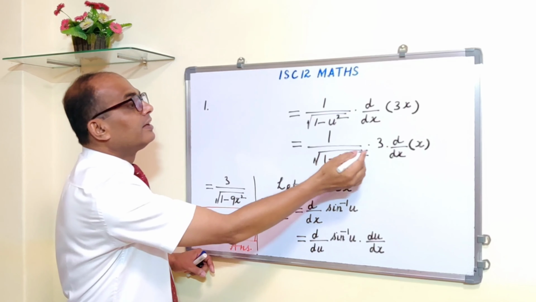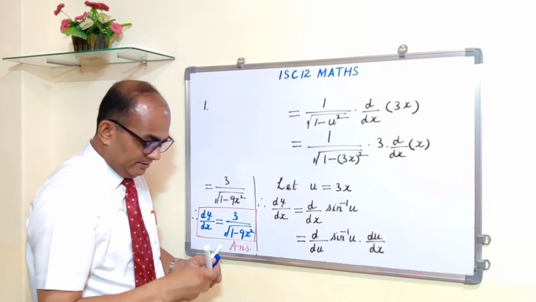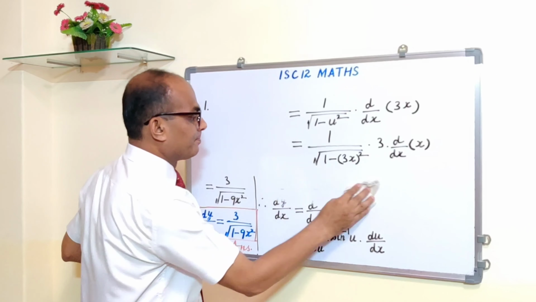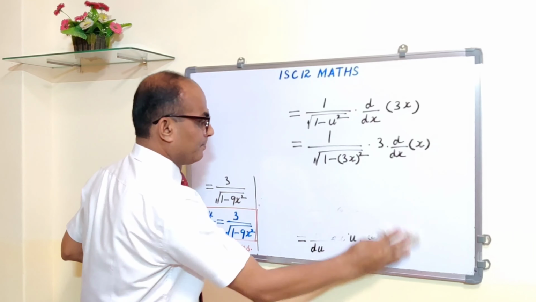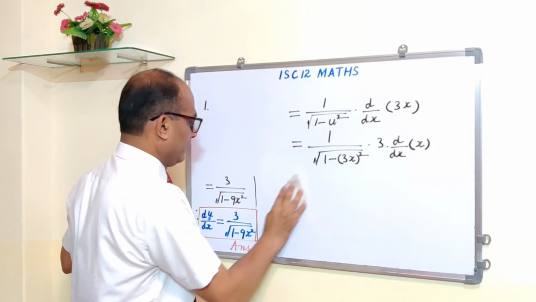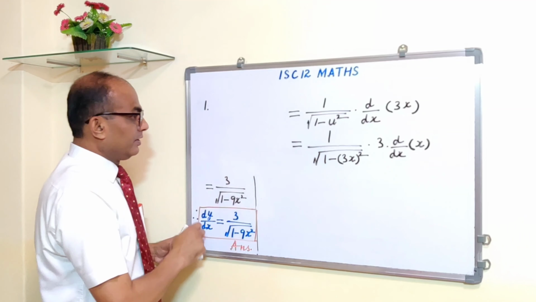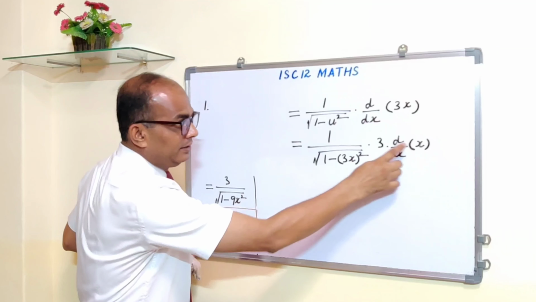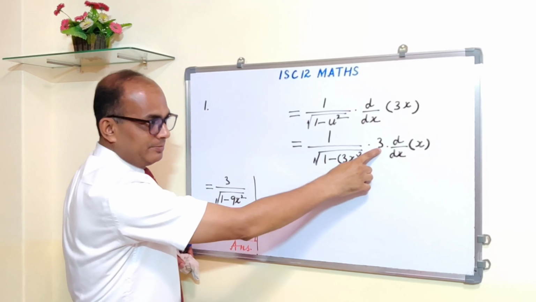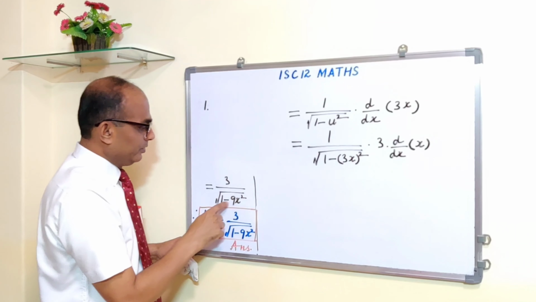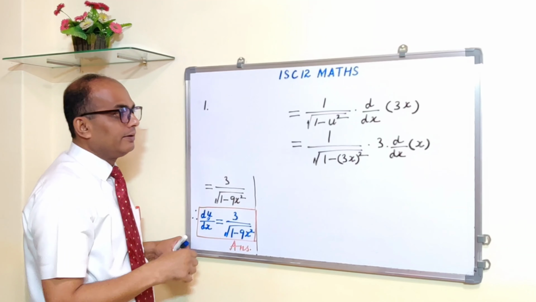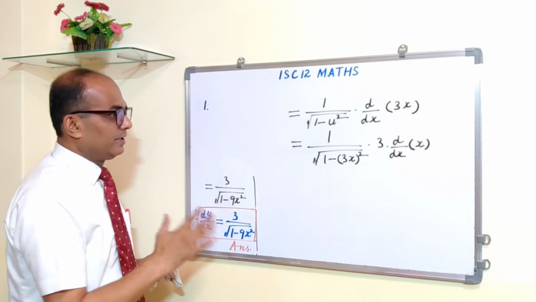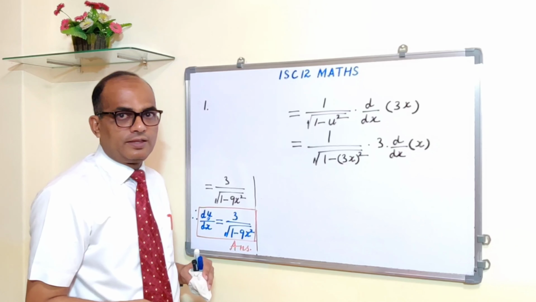After this you can write down d dx of x is 1. So 1 into 3, that means 3, so 3 upon root 1 minus 9x squared. Alright? Fine. And you got the same answer. Clear?